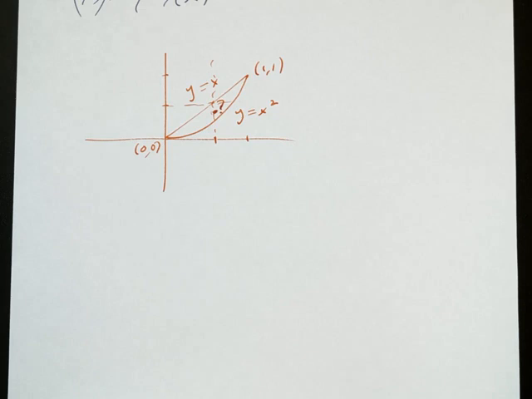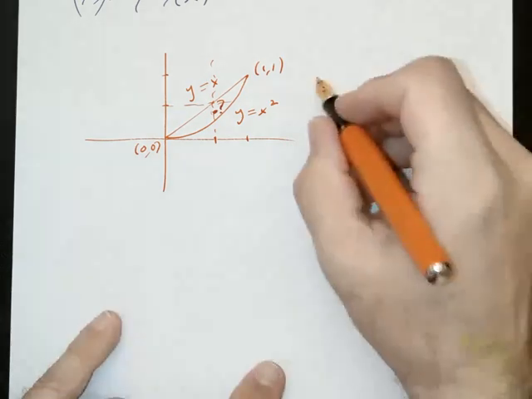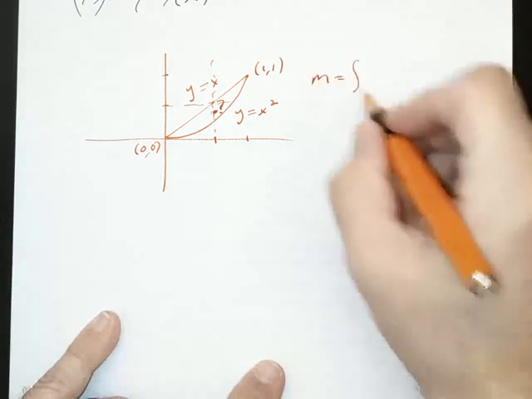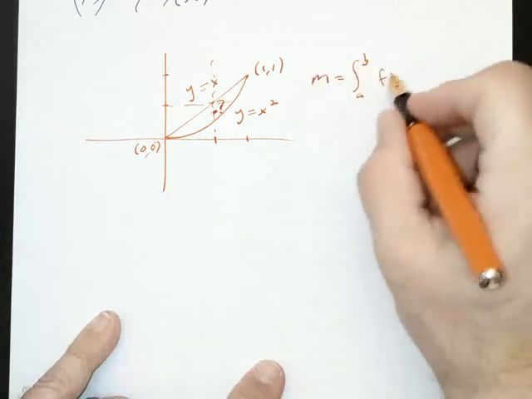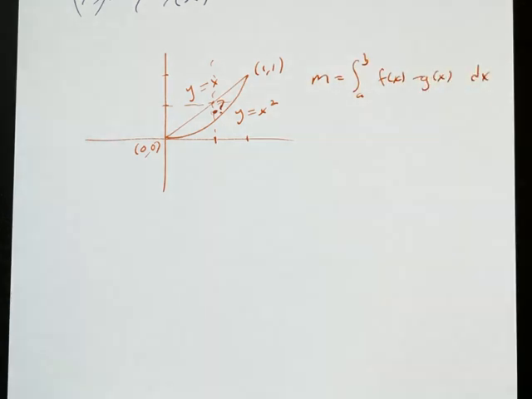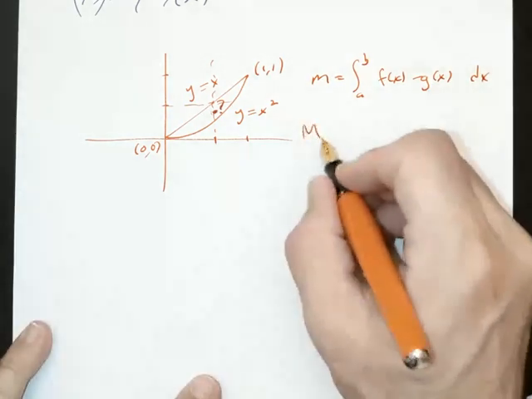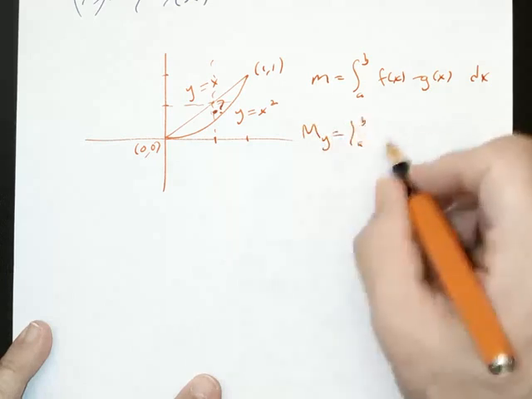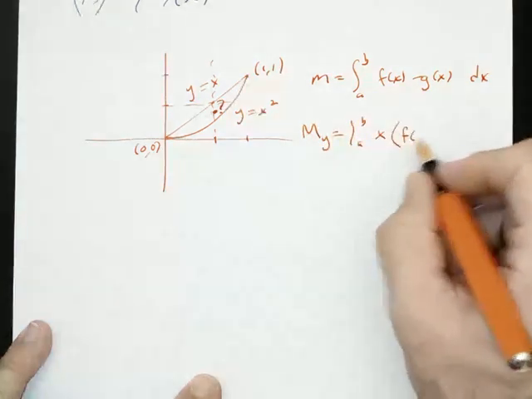I have to change the integrals because there are two functions now. The mass is now the area between the curves. Chapter 6, section 1, we did that last semester. And that means when I go to do the x integral, I just take the x and put it in there.